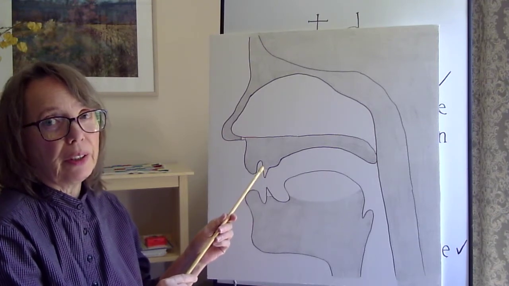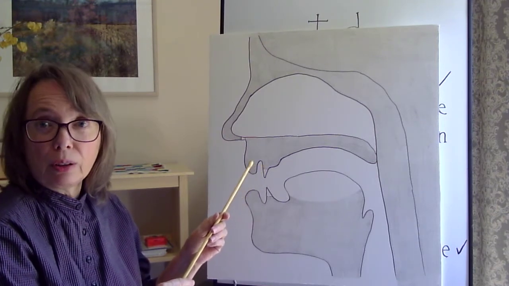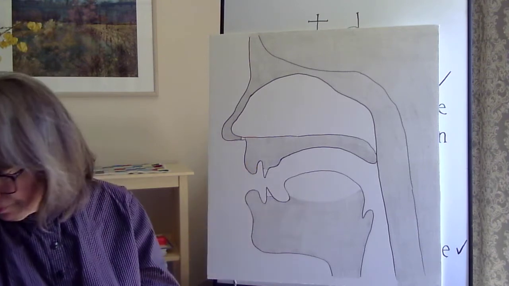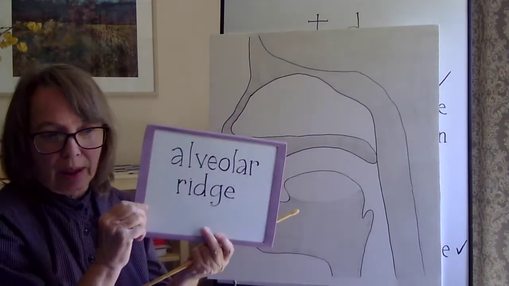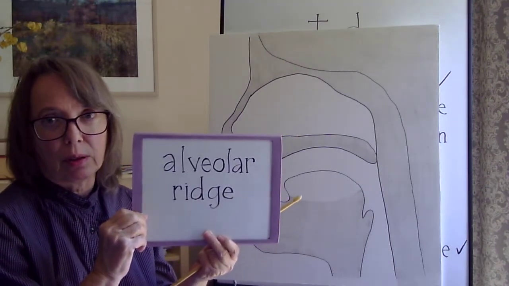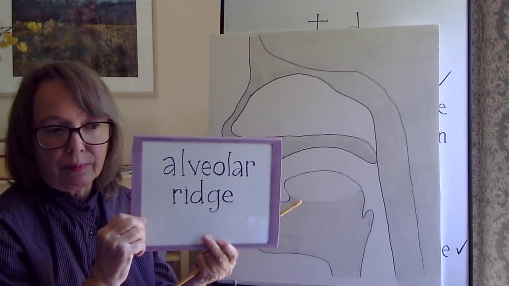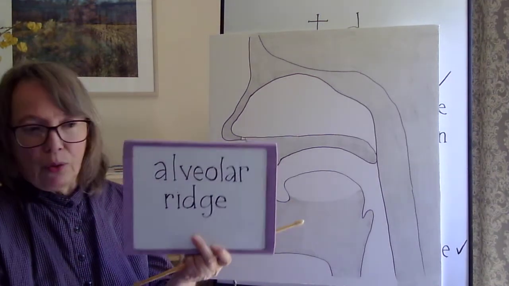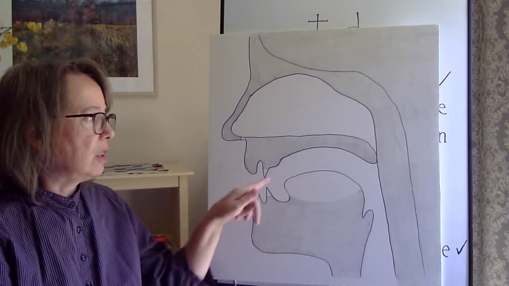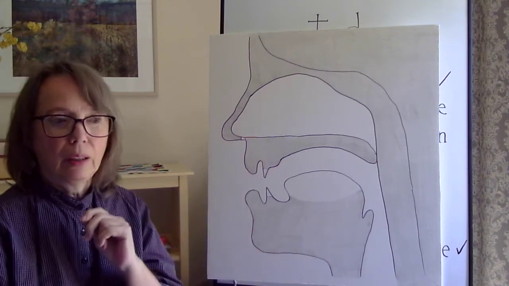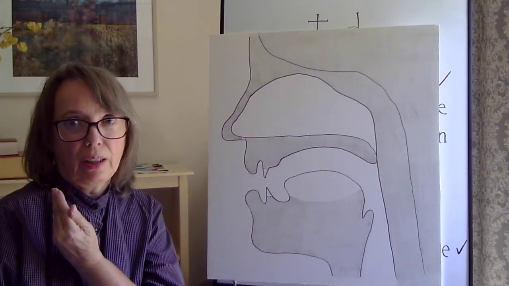This is a special area called the alveolar ridge. It's a really important area for many sounds in English. So the alveolar ridge is not just a little bump there. It's behind your teeth.